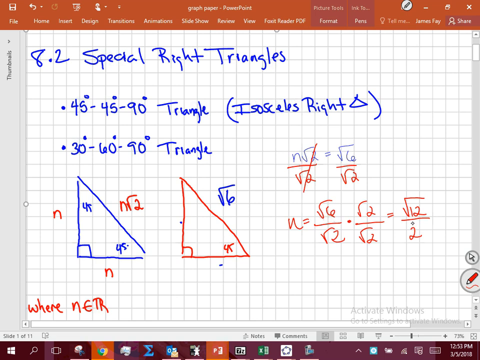Now that's an answer, but it's usually not an accepted version of it because of that 12 being able to be rewritten as 2 radical 3. Now what's going to happen with those 2's? They can drop out, and you're left with radical 3 as n, right?